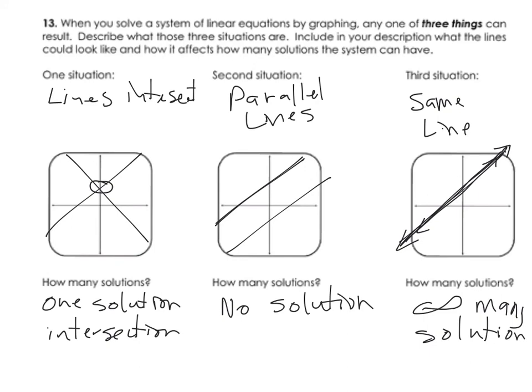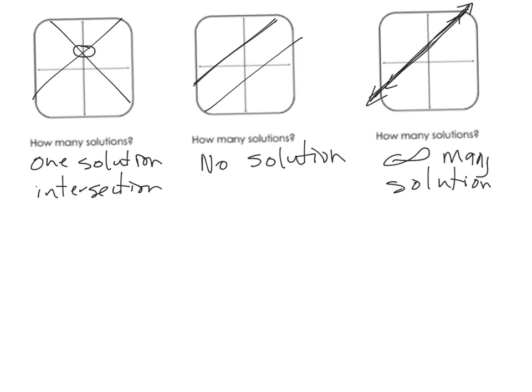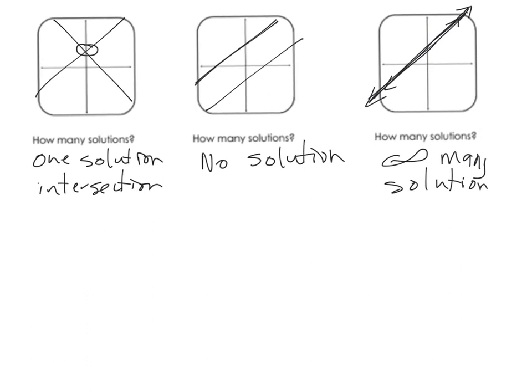One other thing that I want to point out, since we can do it right here, is that when you use combination, if you have one solution, you're going to get something like x equals 2 and y equals -4. Something like that, where you get an x value and a y value.